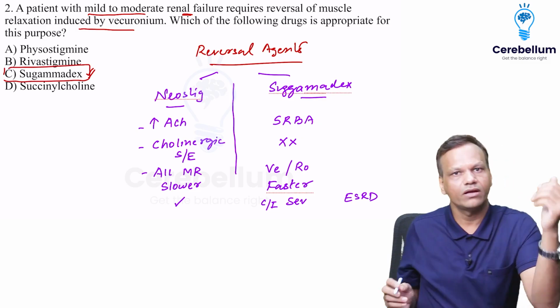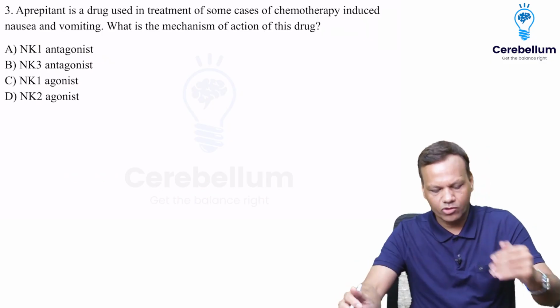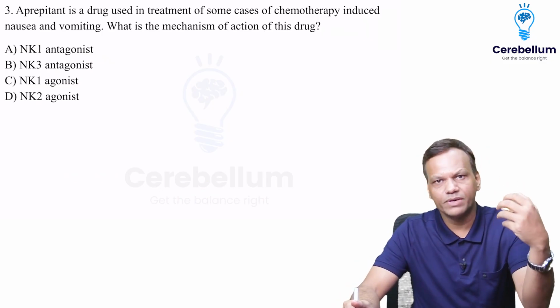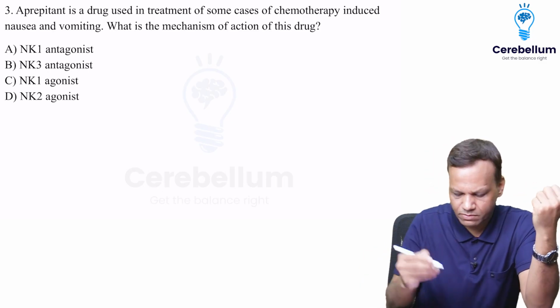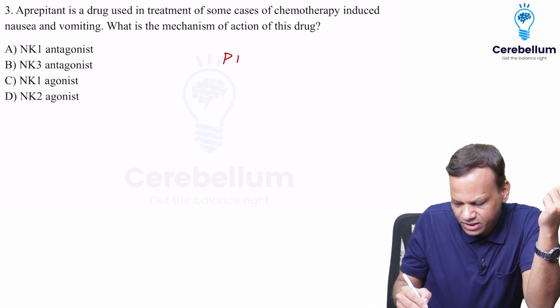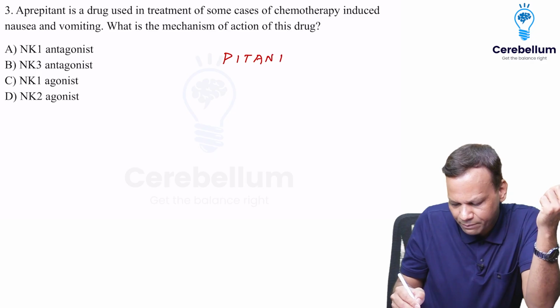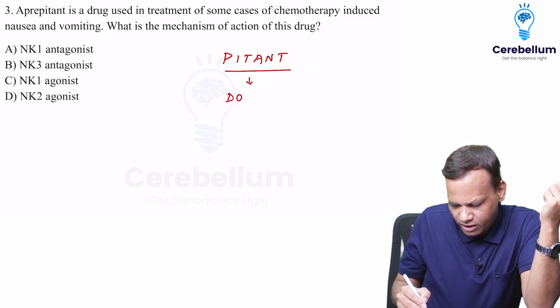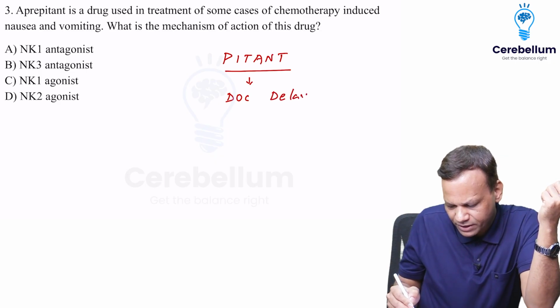Okay. Now next question, aprepitant is a drug used in treatment of chemotherapy-induced nausea vomiting. What is the mechanism? So first of all, the drugs ending with 'pitant', like aprepitant, are drugs of choice for delayed chemotherapy-induced nausea vomiting.